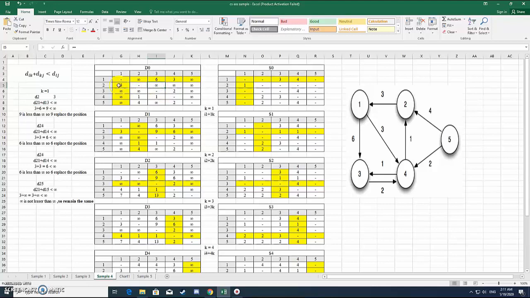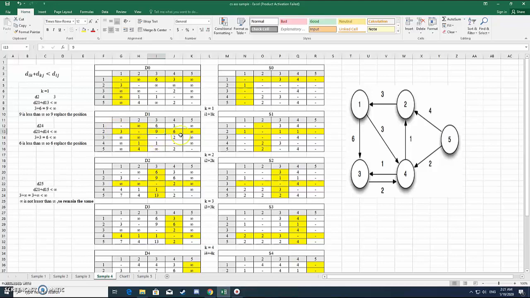This is infinity. So D21 is 3, and D13 is 6. So 3 plus 6 equals 9. 9 is less than infinity, so the 9 will replace the position. So we put the 9 here. Okay, so now we have completed this D2,3 column.